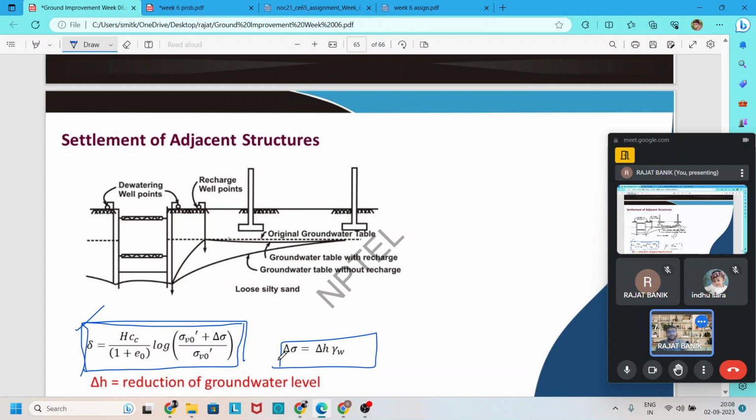And to find out the excess effective stress, we find out how much water is required to address this excess effective stress. So like that, we find out how much water is required to recharge the soil. So it is all about the drainage and dewatering technique, one of the groundwater techniques.